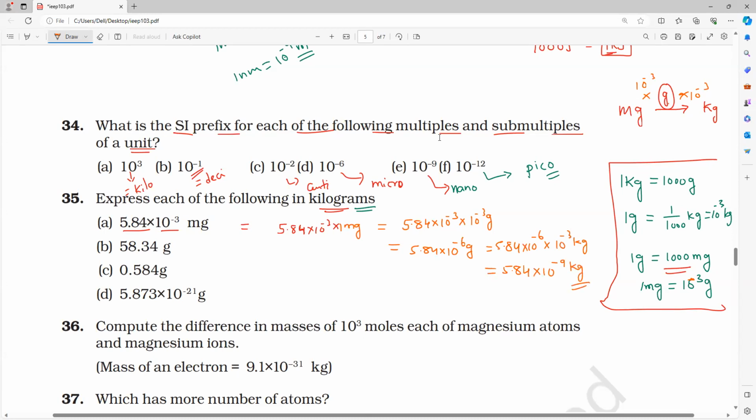So please do it, or else I will directly teach the relation. Learn it: 1 milligram is equal to 10 power minus 6 kilogram. Minus 3 into minus 6 gives minus 9. Over. Clear, everybody?